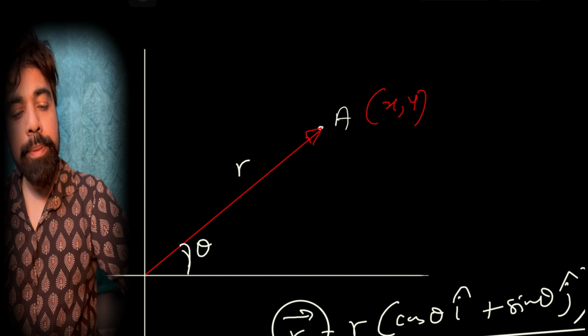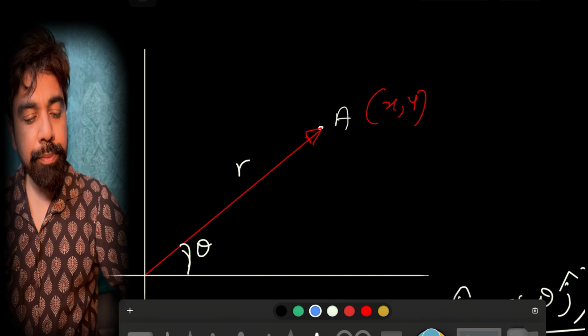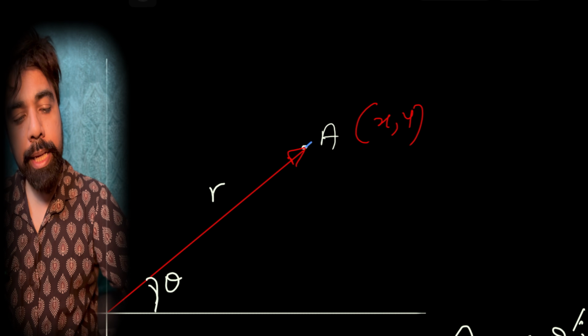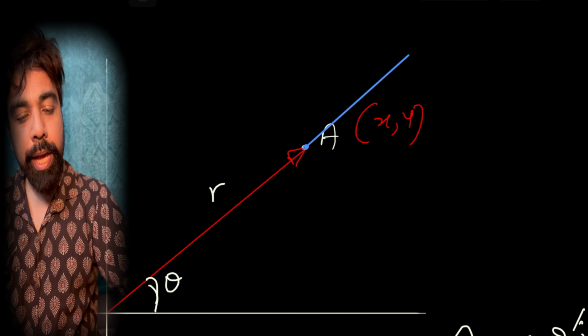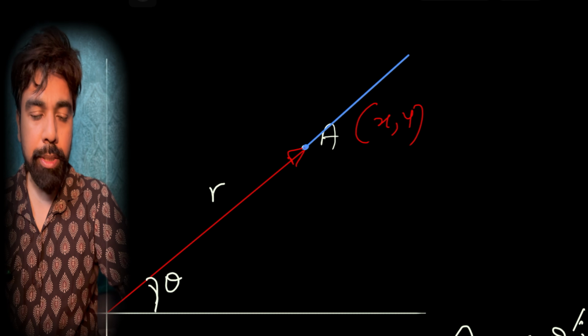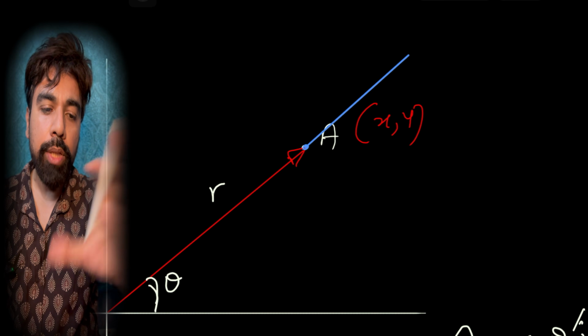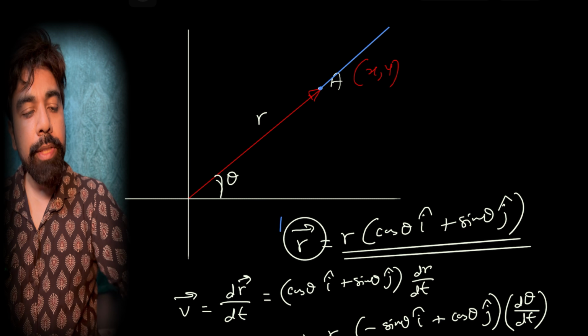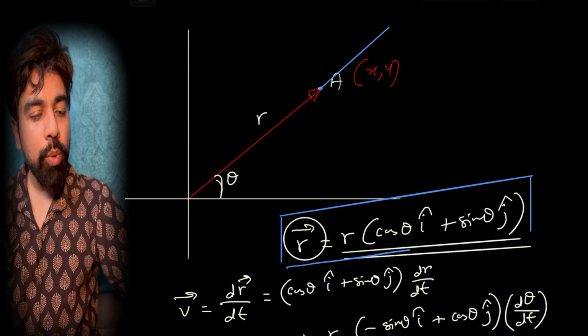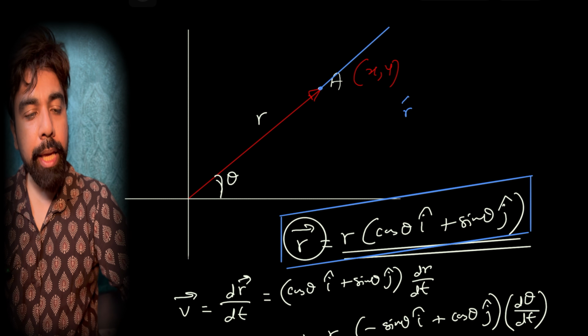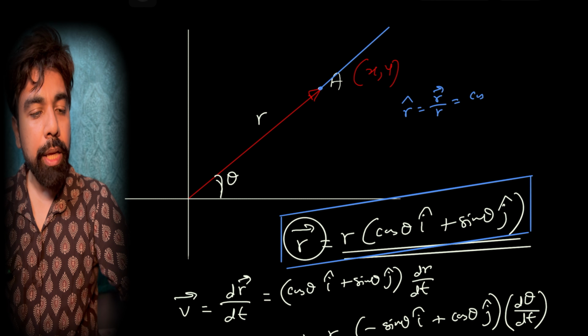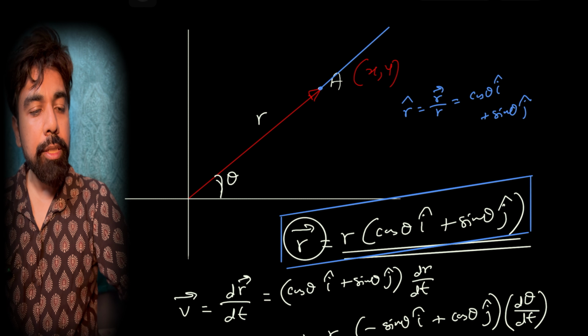Now let me zoom into this figure and extend this line. So r is varying and theta is also changing. So it is basically a curved motion where both r and theta are varying. If this is your r bar, what will be r cap? The r cap is going to be r bar divided by r. So that is going to be cos theta i cap plus sin theta j cap.